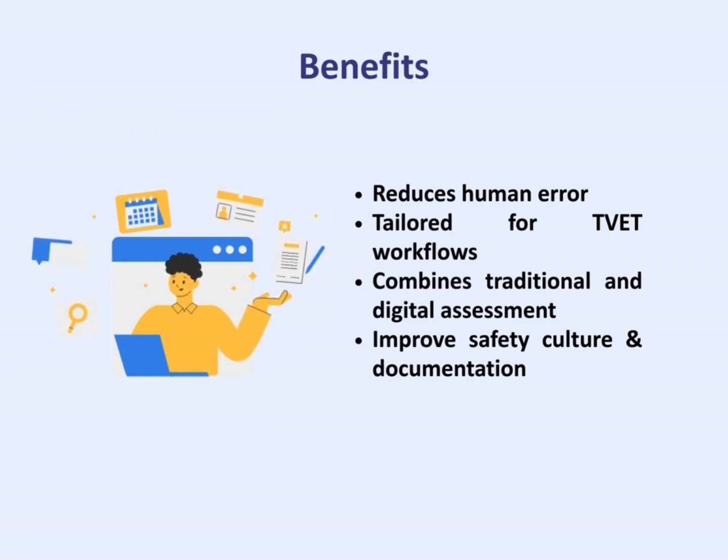Unlike generic tools, this system is tailored specifically to TVET's academic and administrative workflows. It blends traditional hierarchy principles with digital automation, making the process faster, clearer, and more reliable.